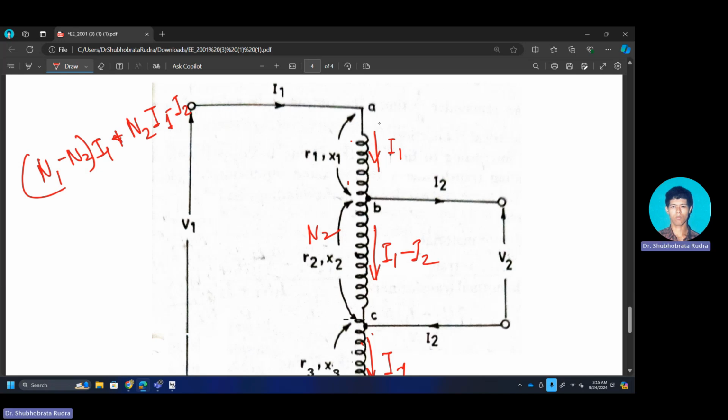Unless I play with the ratings, things remain the same. Here I am assuming all this, so things remain the same, and you will get the equation in a very peaceful manner, no worries. Clear. So that's it.